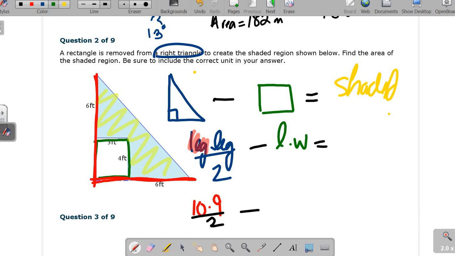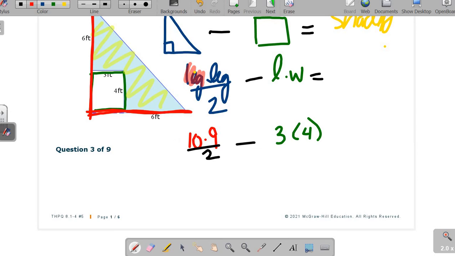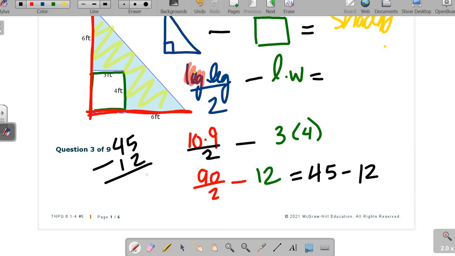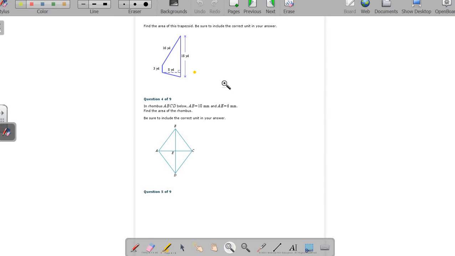Minus the length and width of the rectangle, which is 3 times 4. Equals 33, and then check units, feet squared. That would be the area of the shaded region. Always physically trace everything.